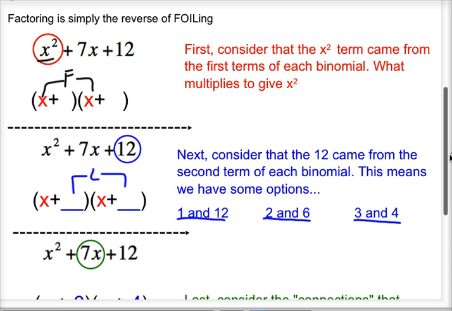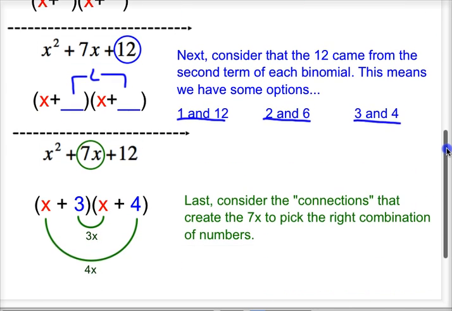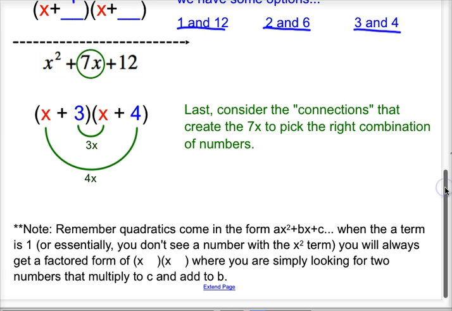So how do we decide which of those options we're going to use? Well, if you remember, that is where the O and I come in, the outside and the inside connections. So we look at our 7x, okay? So we need to choose the combination that multiplies to the 12, but then also when we add the O and I connections, that will give us a 7x.